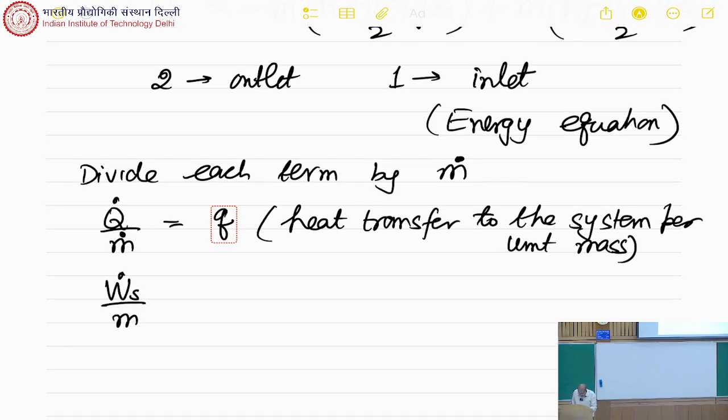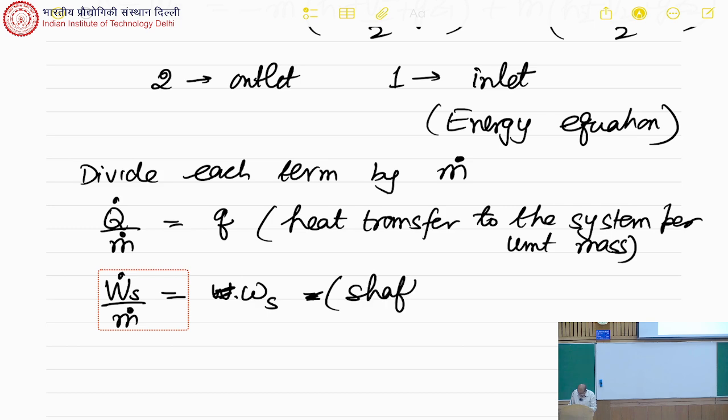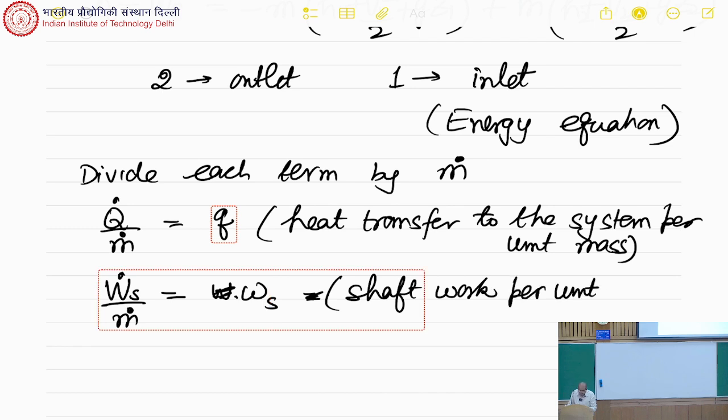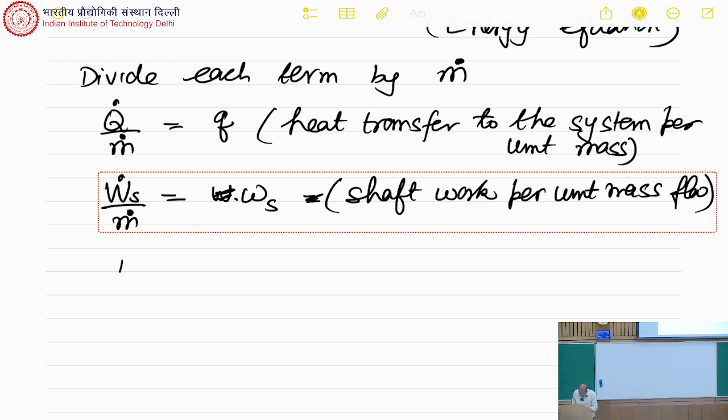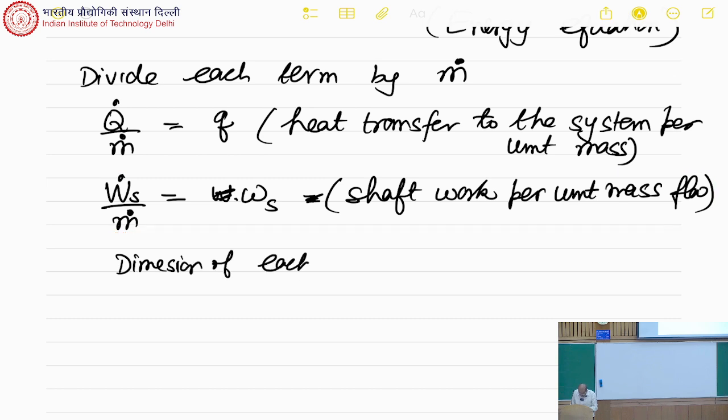Similarly, Ws divided by m dot, we can write as small ws, or shaft work per unit mass flow. The dimension of each term is that of V square.